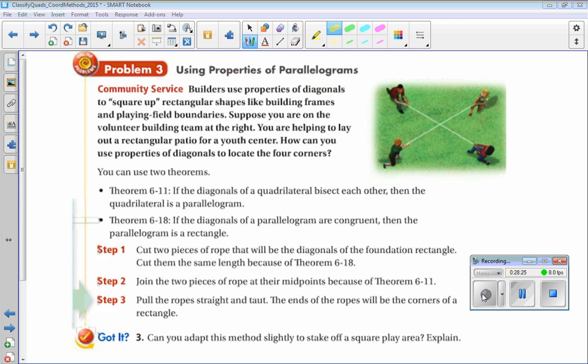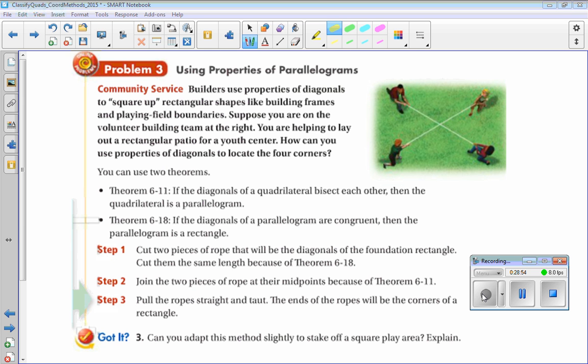This is actually an application of quadrilaterals that anybody who does plot work or site work, civil engineers, people who do any kind of designing of land, uses. When we're talking about a rectangular object, builders use properties of quadrilaterals to square up corners. And we know that in a rectangle, the diagonals are what?